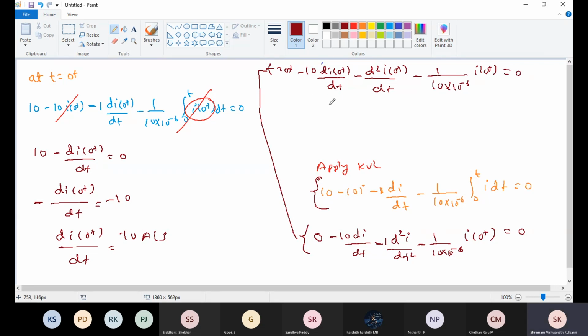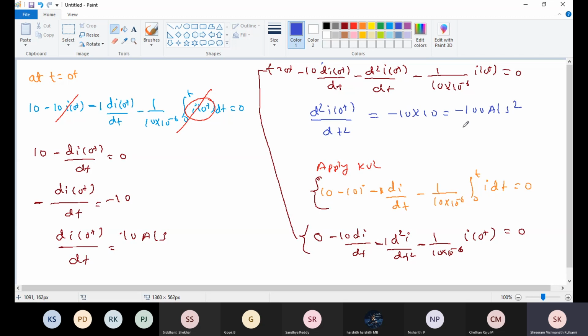After simplifying this, I'll get d²i(0+)/dt² equals minus 10 into 10, minus 100 ampere per second squared.